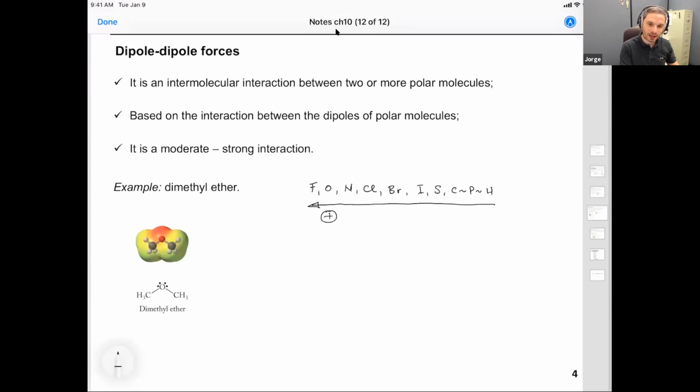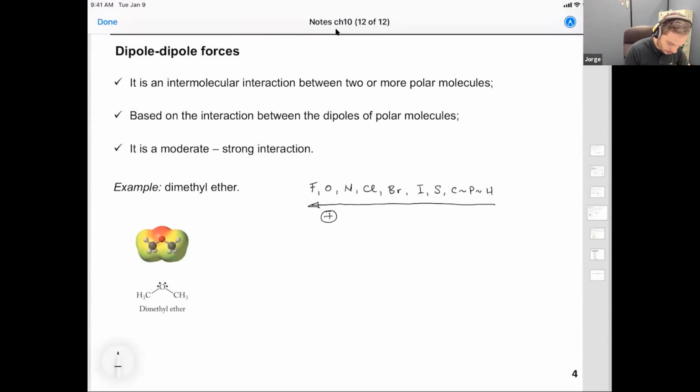We start analyzing the polarity of the bonds, drawing the vectors, and then taking into account the geometry, we are going to determine if the resulting vector is zero or different from zero. If it is zero, the molecule is nonpolar; different from zero is polar.